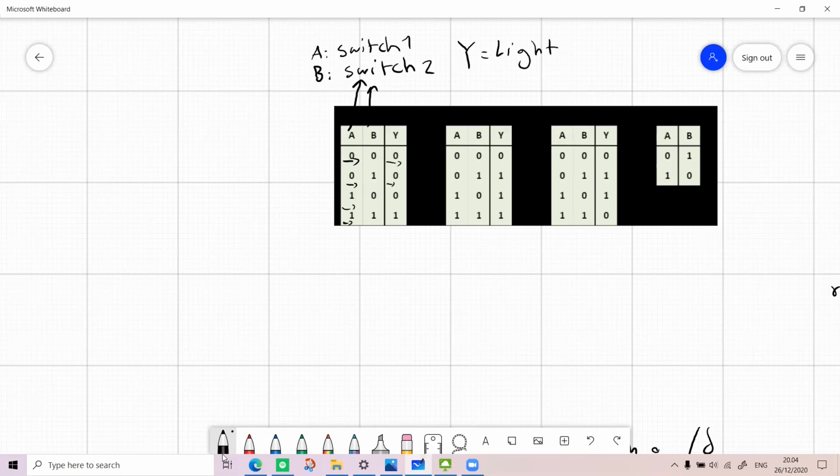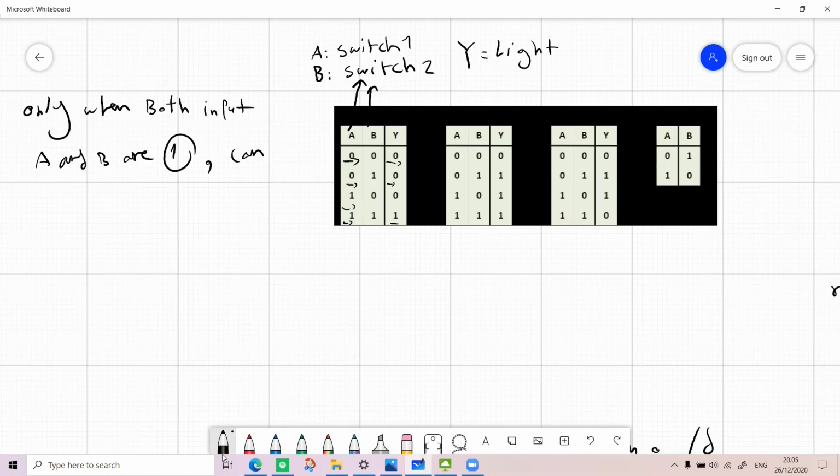Finally, scenario number 4 is saying that only when both switches are on can the output be on. So we can conclude from that truth table that only when both inputs A and B are 1 can output Y be 1.